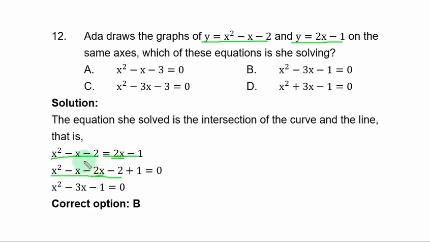Then followed by minus 2, you transfer minus 1, you have plus 1 equal to 0. If you add the like terms, you have s squared minus 3s minus 1 equal to 0 as the equation that she solved. So B is the correct option.